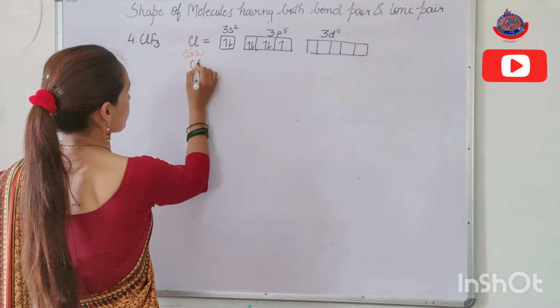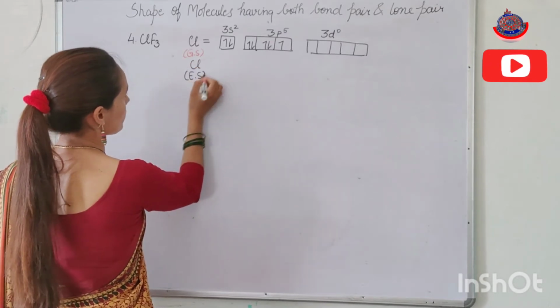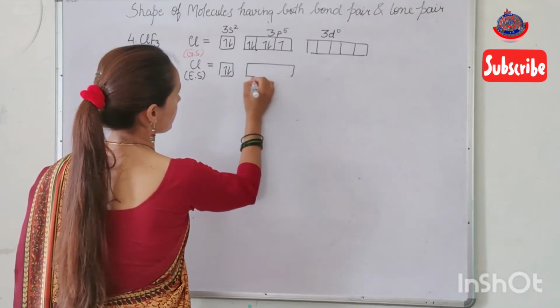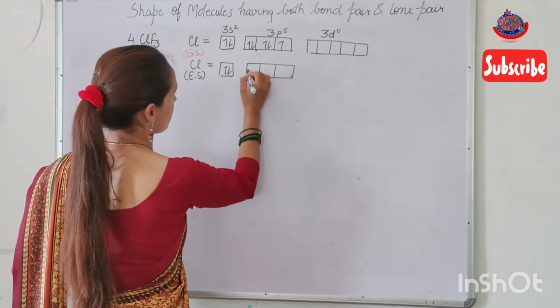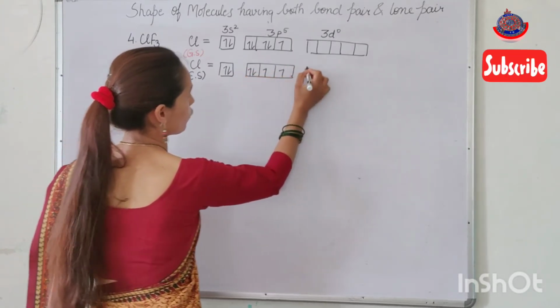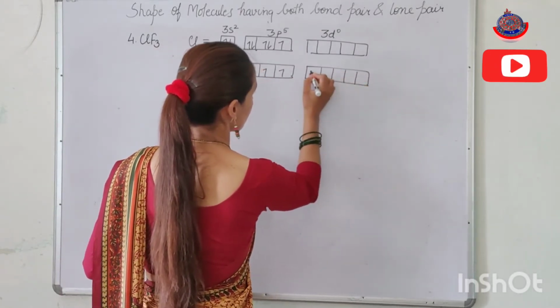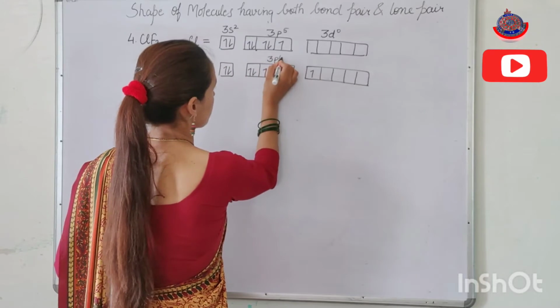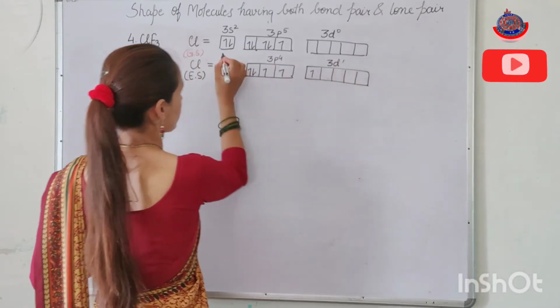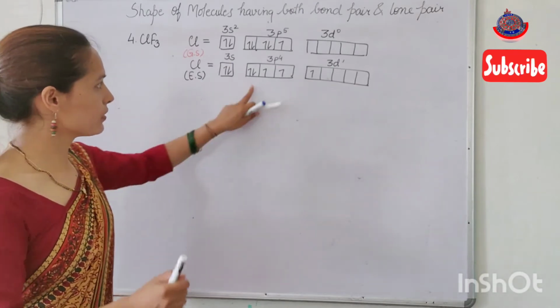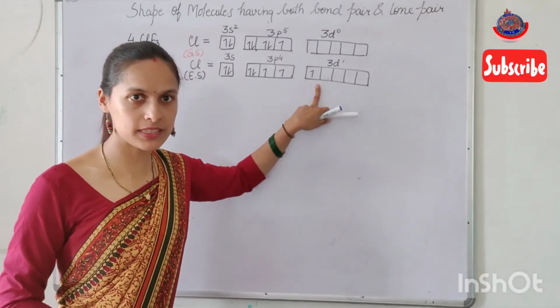So in the excited state, the configuration becomes s2 p4 and d1. Clear? Now I have 3 half-filled orbitals.